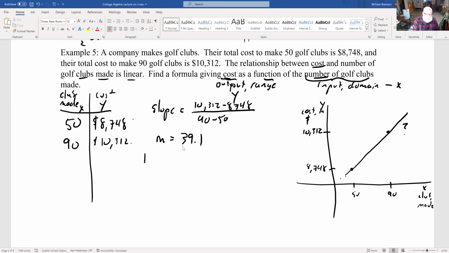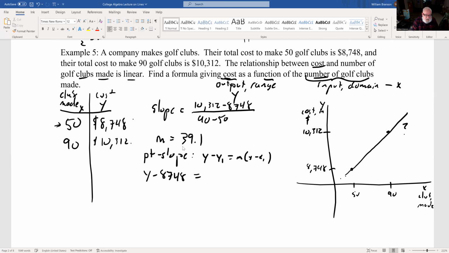So once we've found that, we can move to the point slope formula, which is y minus y1 equals m times x minus x1. I can take either one of these two points as x1 and y1, and we'll take this point: y minus 8,748, that's my y, equals m, which is 39.1, times x minus 50.